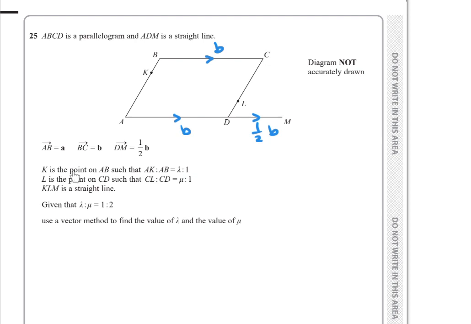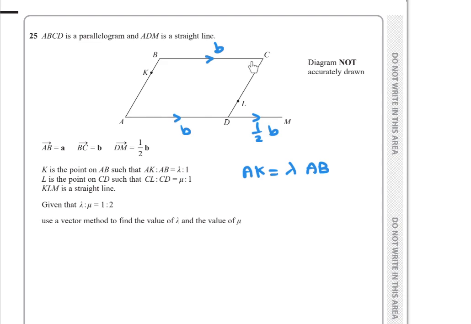We have K is a point on AB such that AK to AB is lambda to 1. So this means AK equals lambda times AB. And L is a point on CD such that CL to CD equals mu to 1.